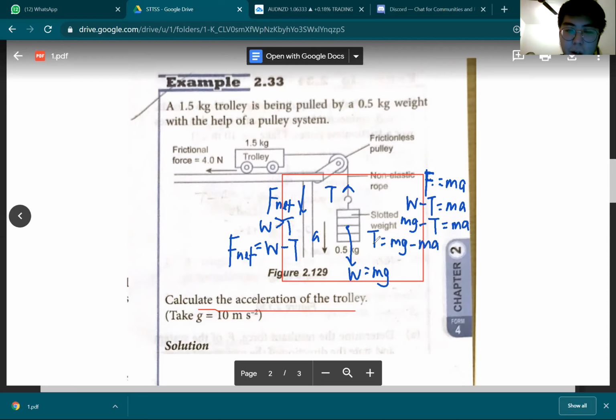This is the equation of motion for this object.